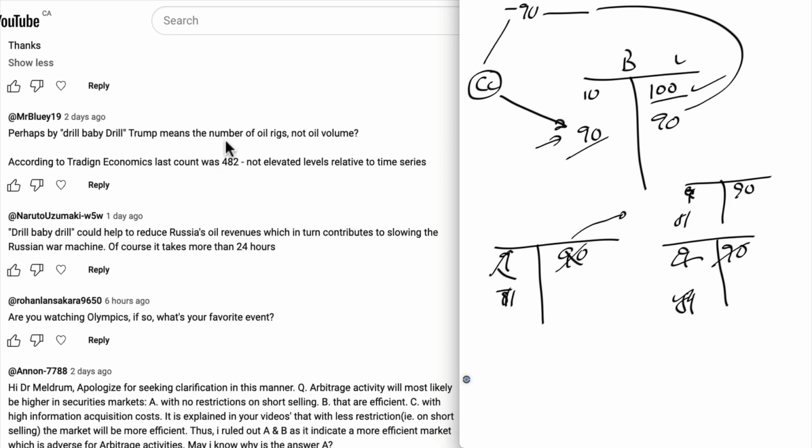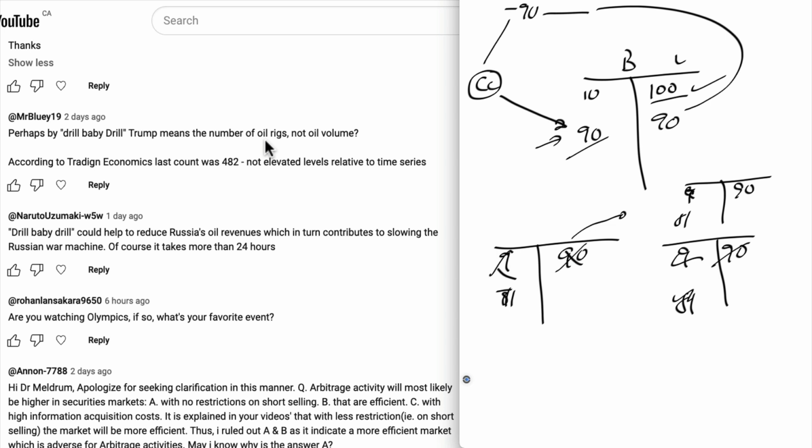Drill baby drill. Trump means number of oil rigs, not volume. No, can't be. There is no regulation limiting the number of oil rigs. Companies are free to add more oil rigs anywhere in the Permian Basin they want. There is no regulation stopping them. You may say, well, you can't use government lands. Yeah, but you can use the Permian. They could really increase the rig count. They choose not to.